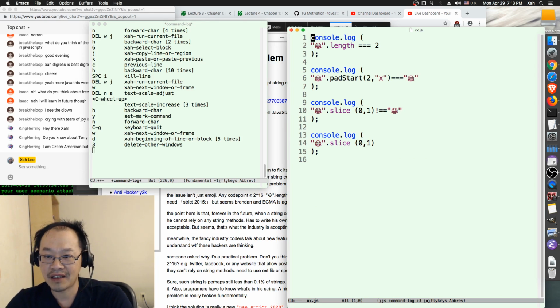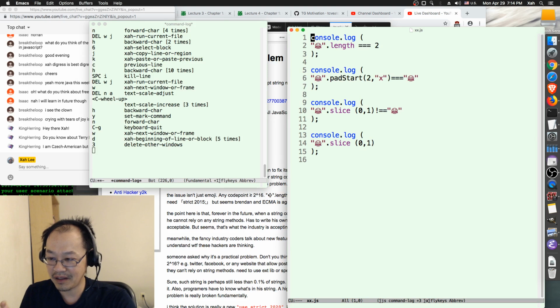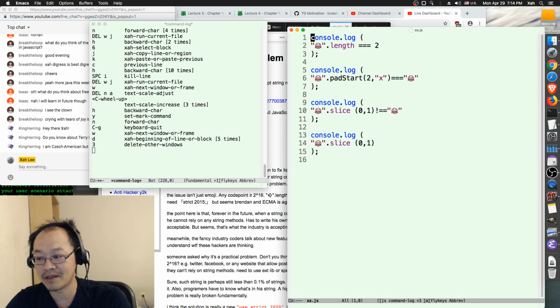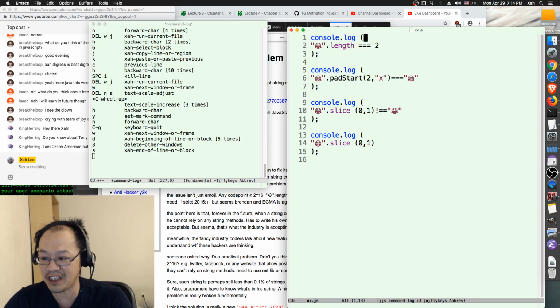In fact, all string methods in JavaScript have this problem. This is really a serious problem. It's incredible. If you are a programmer, you think, why do we have such extreme complexity, this idiotic, utterly stupid thing?